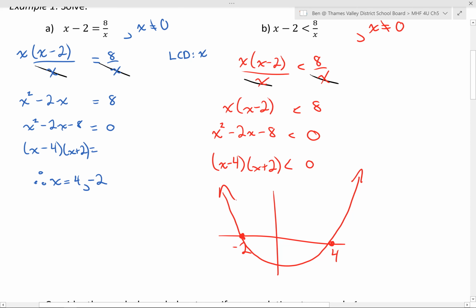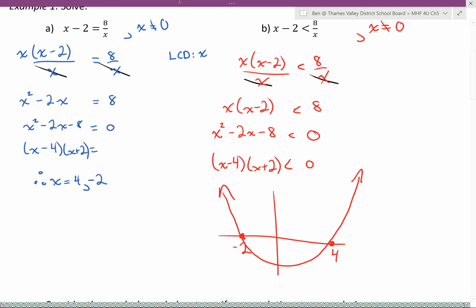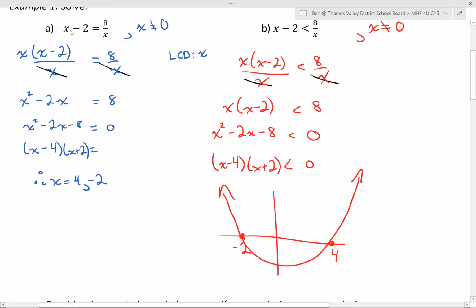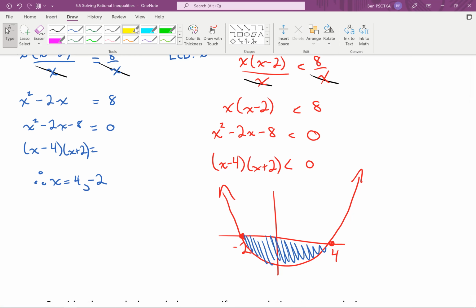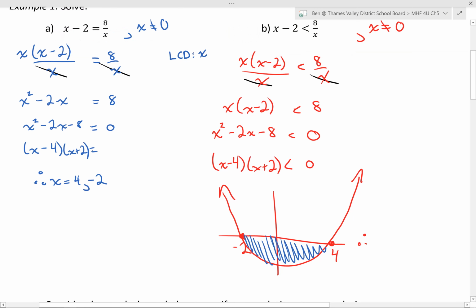From this quadratic opening up, we can see that this function is less than 0 in between x equaling negative 2 and x equaling positive 4. So my solutions, nice and straightforward: therefore the solutions are where x is an element of, and we can write this in interval notation, from negative 2 to positive 4. Fantastic.